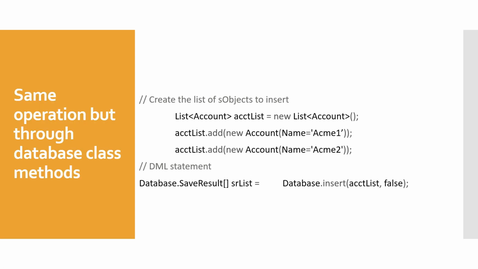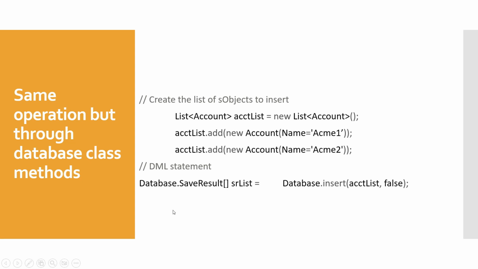Same operation, but through the database class method. In the first statement we are creating an empty list of account. The variable name is acctList, and we are adding new accounts into the list, acme1 and acme2.